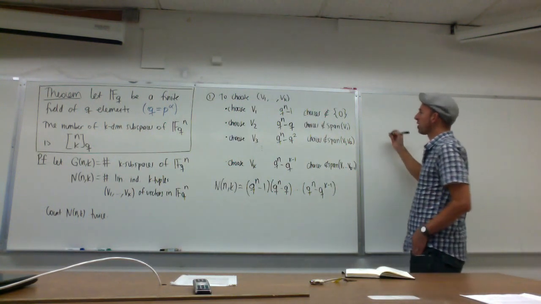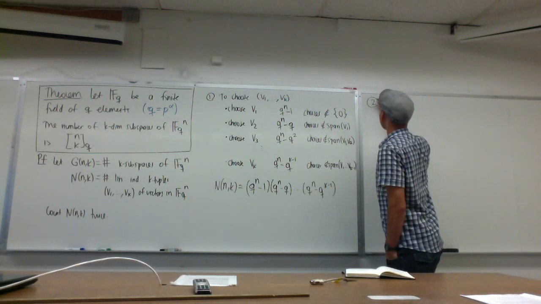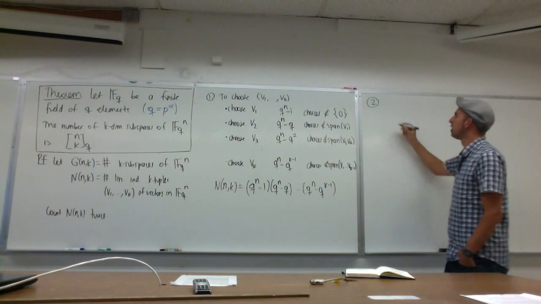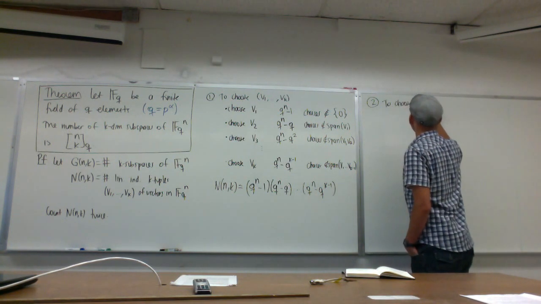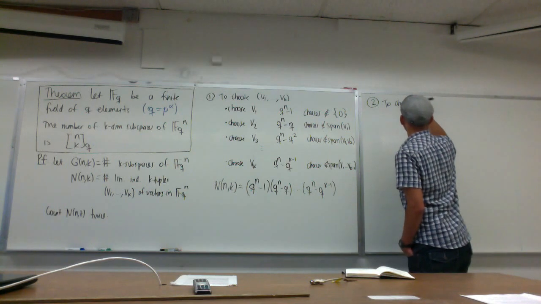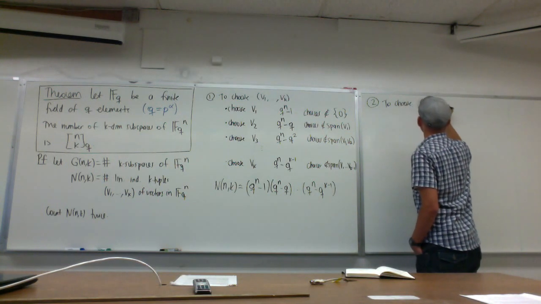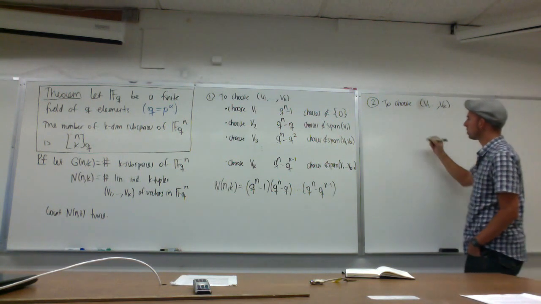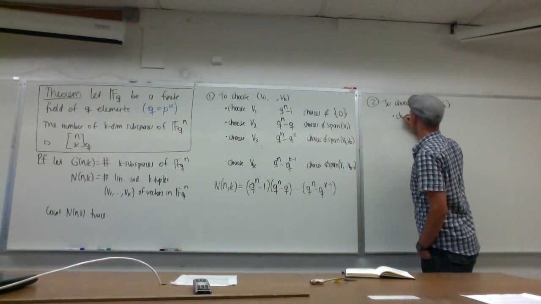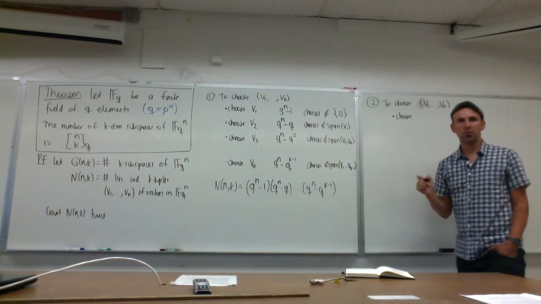But now we're going to count this in a different way. So we're going to say to choose V1 up to Vk, we're going to follow a different procedure. So the first thing I'm going to do is that I'm going to choose their span.